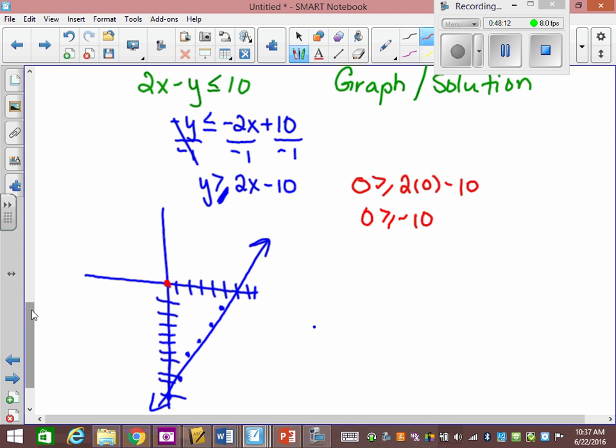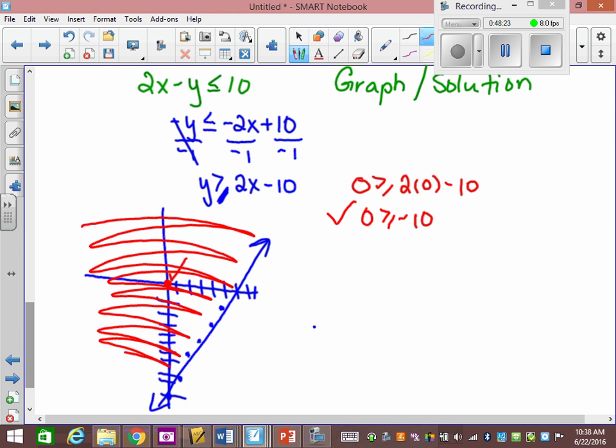Yes. Then that means the test point is in the solution, so I shade where it is. If it's true, the test point is in the solution. Any point in here and any point on that line would be in the solution.